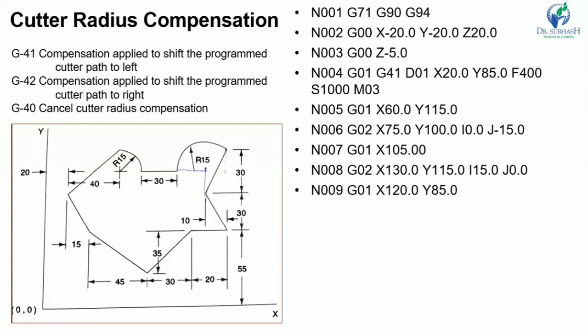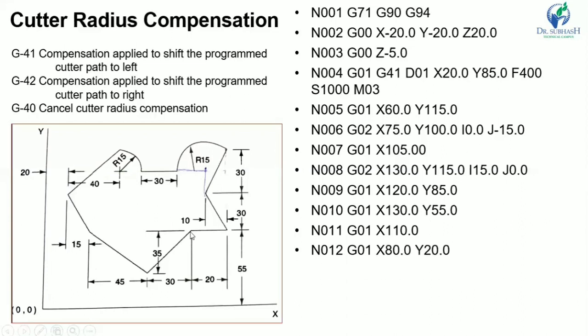Then linear interpolation X120 Y85. So it will travel from here to here. Then X130 Y55, so it will travel from here to here. Then X110 with Y remaining constant, so it will travel along this line.